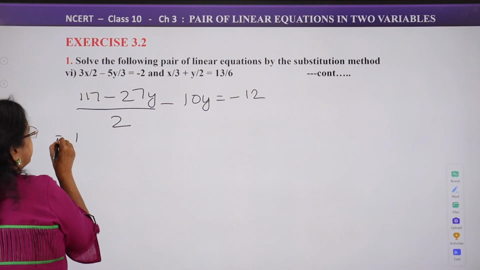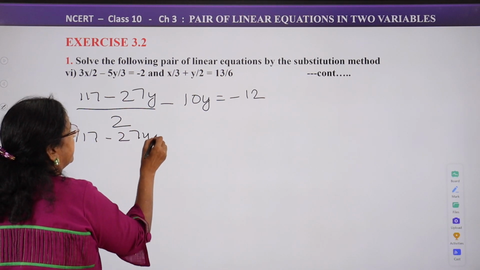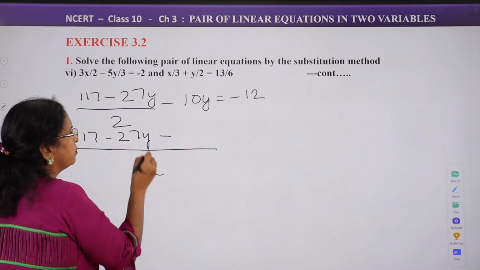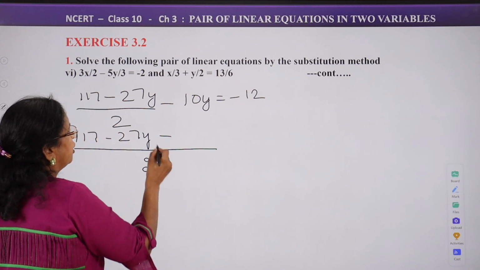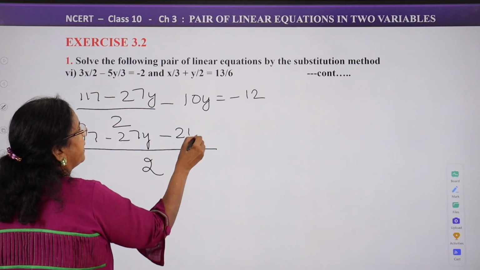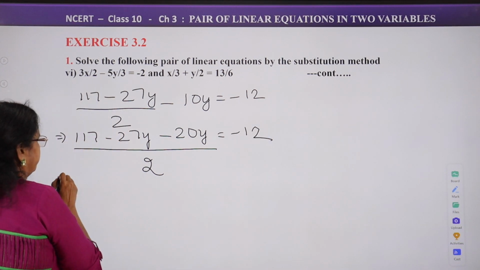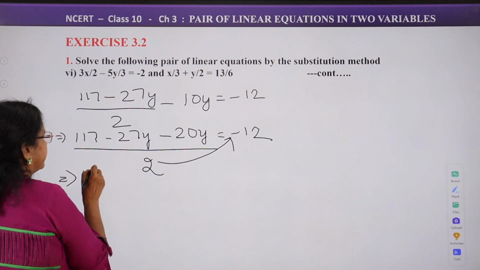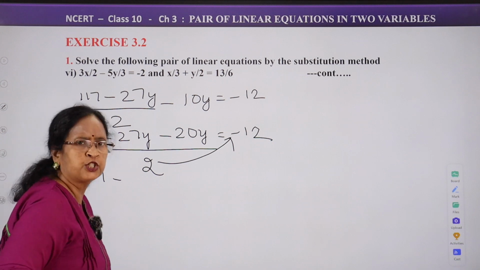Now, that implies 117 minus 27y minus, I take LCM 2 because here is 1, 2 into 1 is 2. So, 2 into 10, 20y is equal to minus 12. That implies when I cross multiply, I get 117 minus 27y minus 20y.